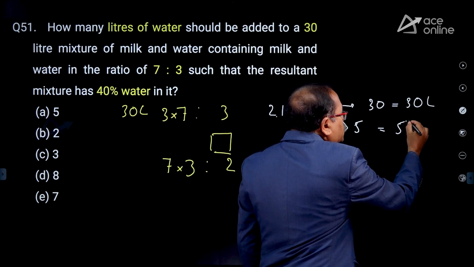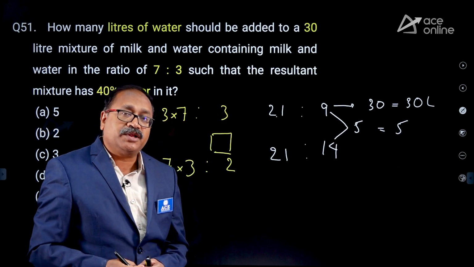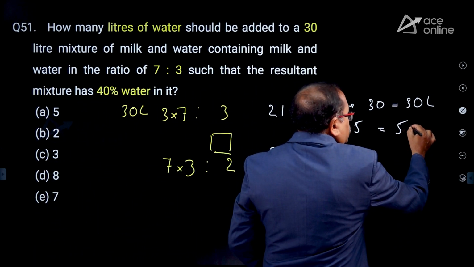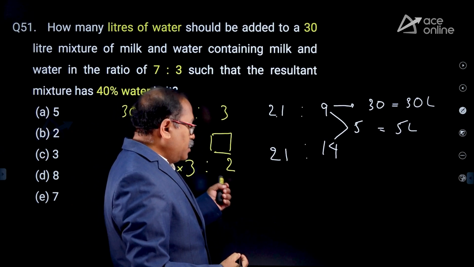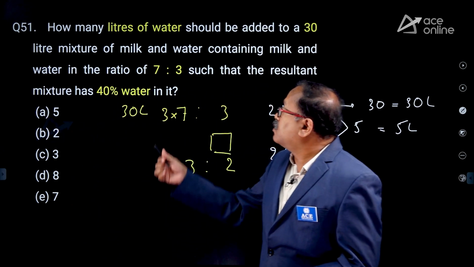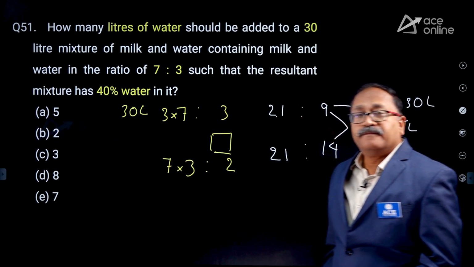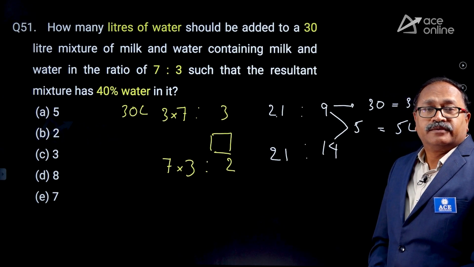So that's how this question can be answered with the least possible calculation. So my answer should be 5 liters. How much water is added? 5 liters of water is added in order to bring the water quantity to 40%. Option choice. Hope the explanation is clear.